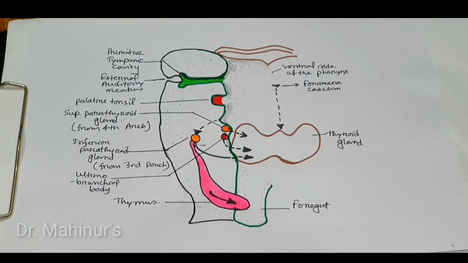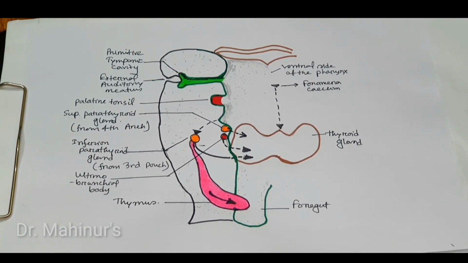The diagram shows migration of the thymus, parathyroid glands, and ultimobranchial body. The thyroid gland usually originates in the midline at the level of foramen cecum and descends to the level of first tracheal ring.